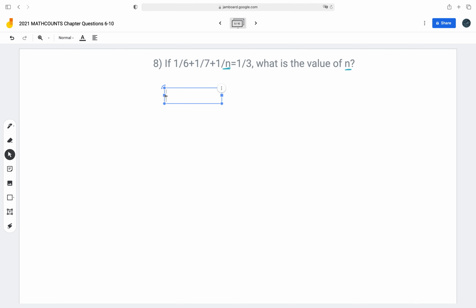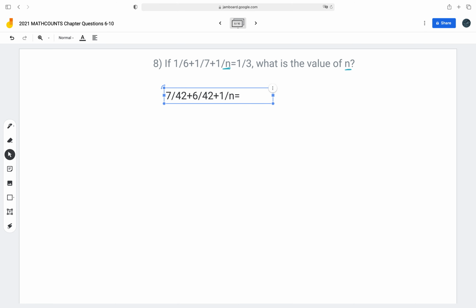What's the LCM of 6, 7, and 3? The denominators are just 6 and 7, so it's just 42. So 1/6 is equal to 7/42, plus 1/7 is equal to 6/42. And we'll just keep 1 over n.